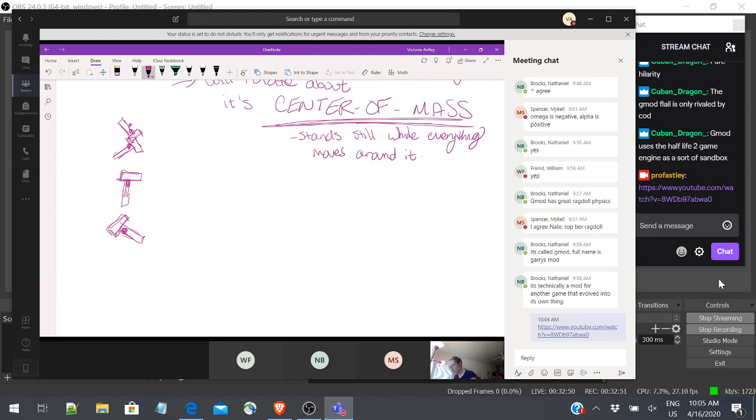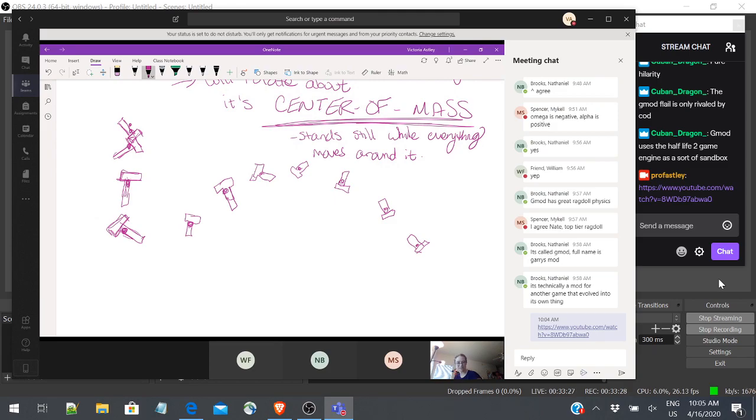If you throw a hammer horizontally, the center of mass will make a parabola, but the hammer, I guess it's shaped like a T, will rotate about that center.